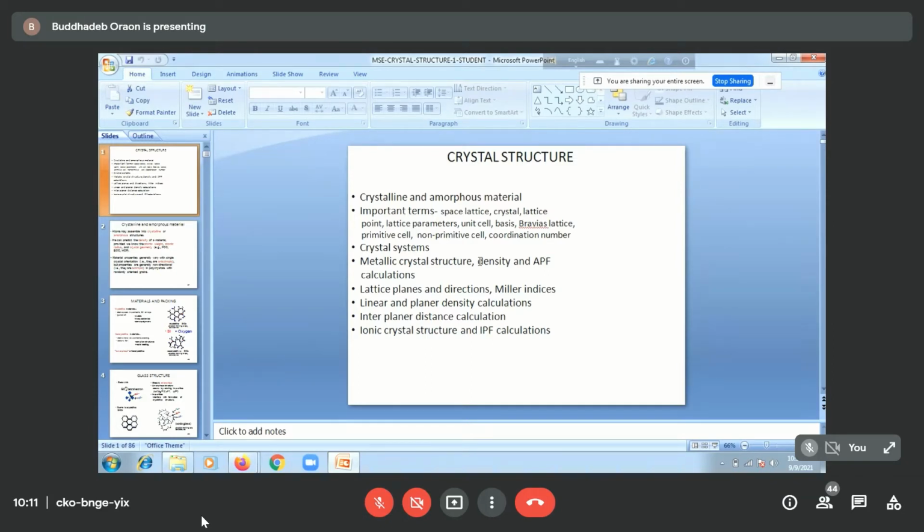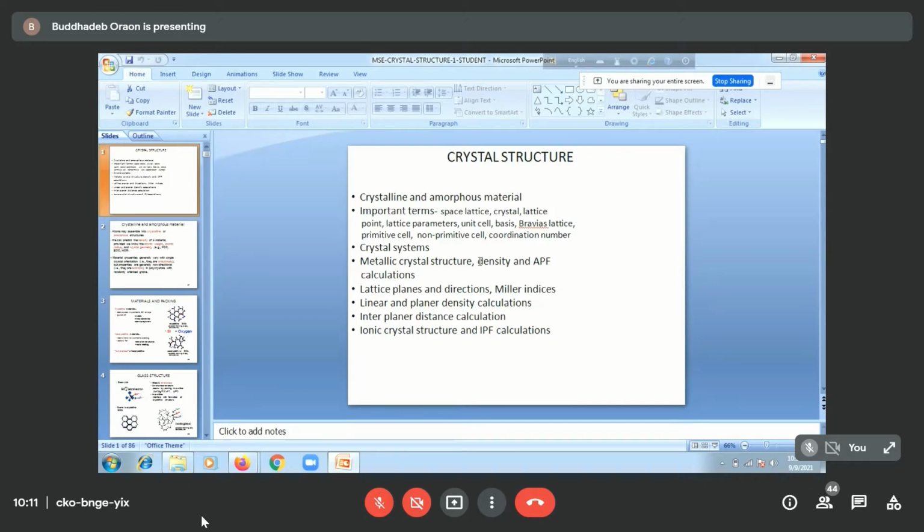And we'll also have to study crystalline defects, because defects are also responsible for differences in properties in materials. We'll study that after discussing crystal structure and different structures of materials.